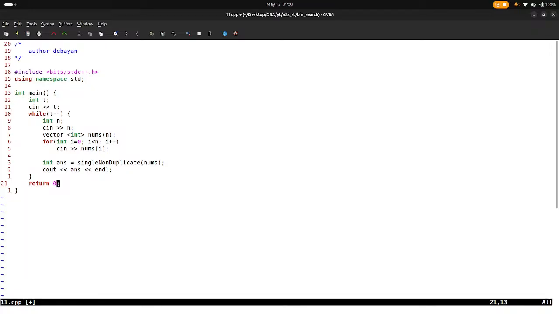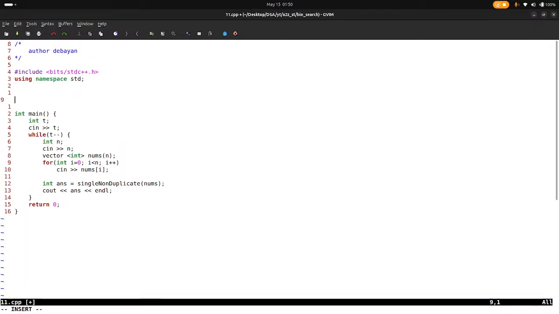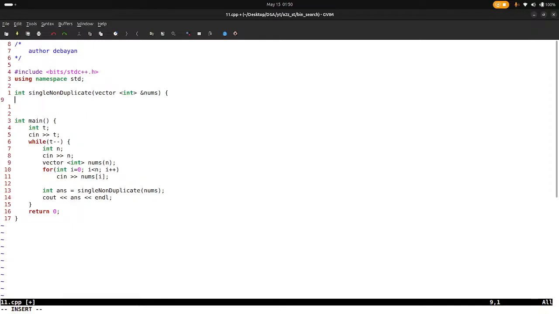Return 0, to make sense. Single non-duplicate, vector int. I haven't yet read the problem, by the way.